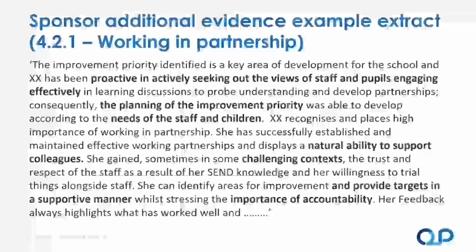You can see that the phrases are highlighted in bold and that these are helpful to an assessor, because you can see that they have looked at seeking out the views of staff and pupils, that it's linked to the planning of the improvement priority, and look at how they are maintaining effective working partnerships in terms of supporting colleagues and how they've been challenged to do that.